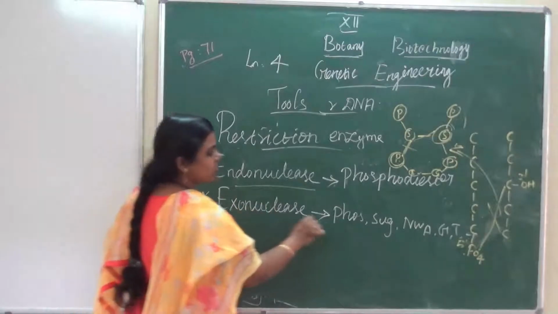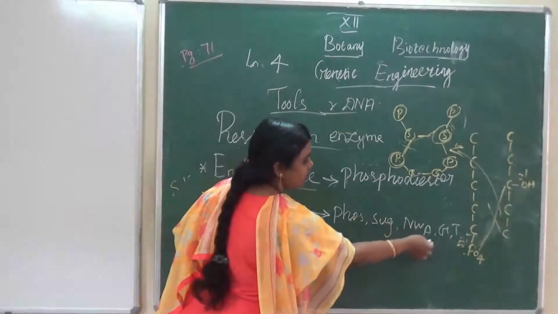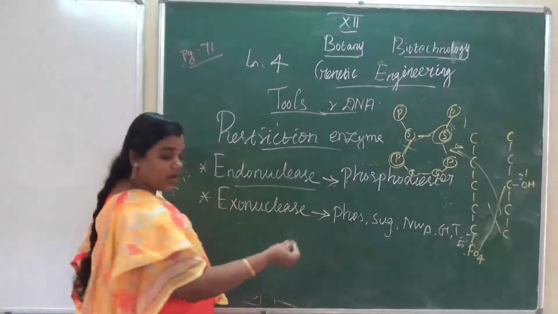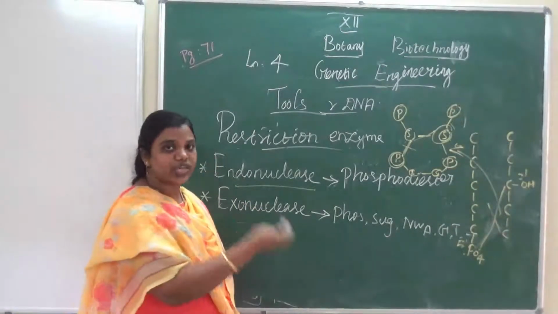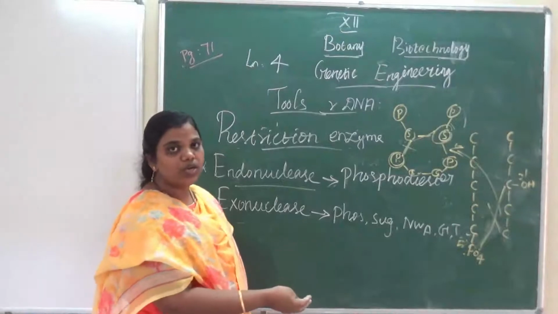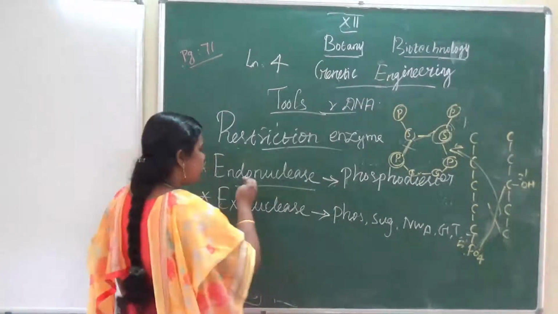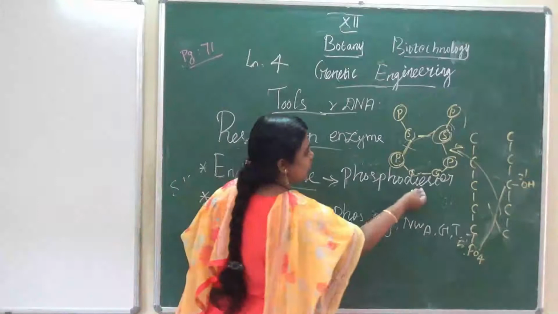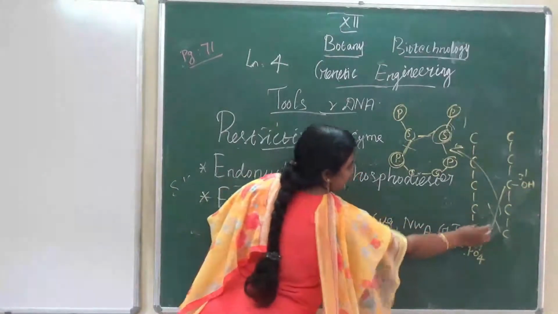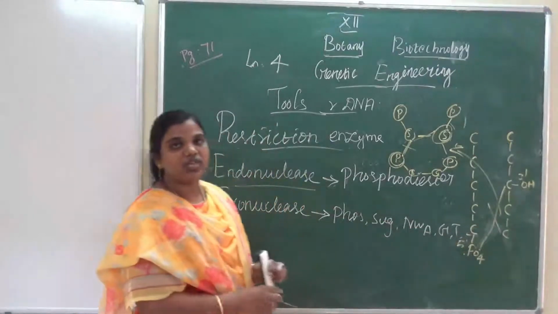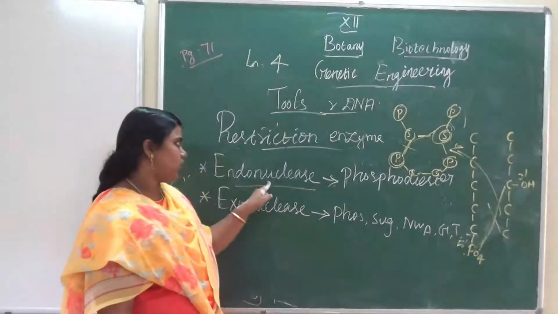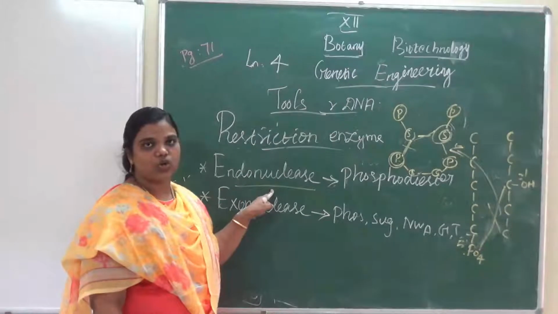Exonuclease cuts phosphate, sugar, and then guanine, adenine, thymine, cytosine, that nucleotide can be removed from the DNA fragment, and the endonuclease cuts the phosphodiester. So we are using restriction endonuclease.